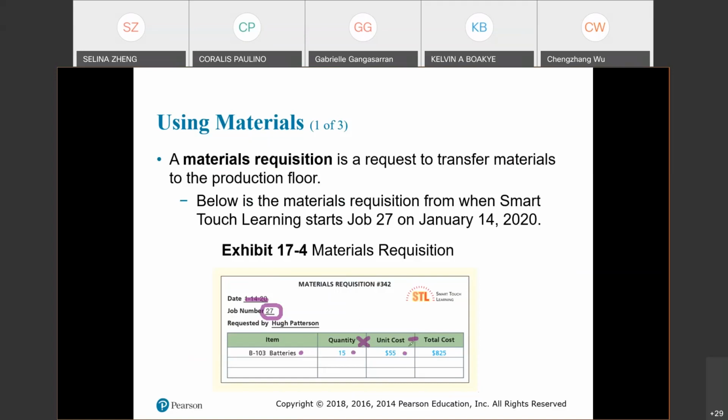We get the total cost of $825 for the requisition of raw material, specifically the batteries.